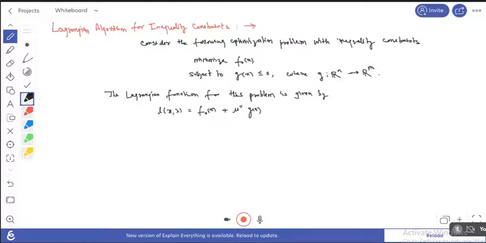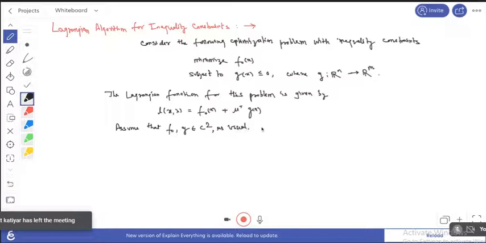Okay. And here, as usual, you take your objective function and of course the inequality function, both are C2. So this objective function and g belong to C2 as usual.